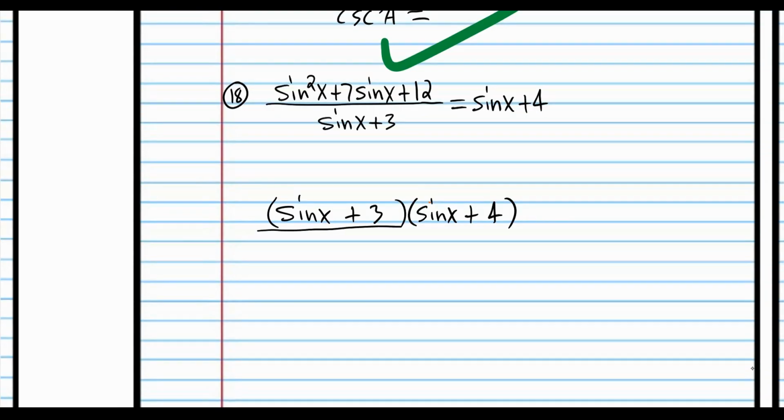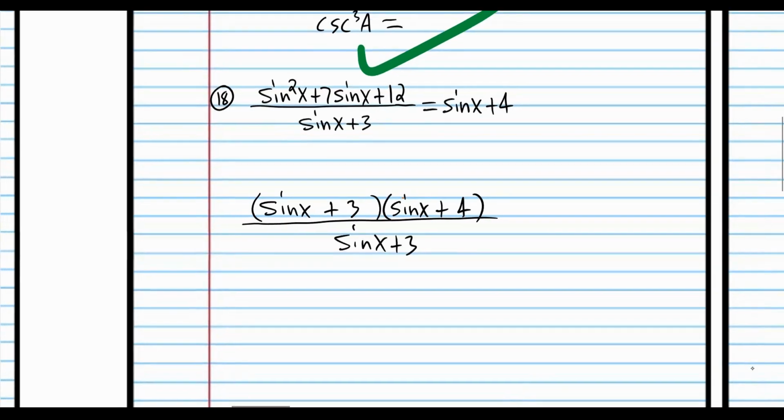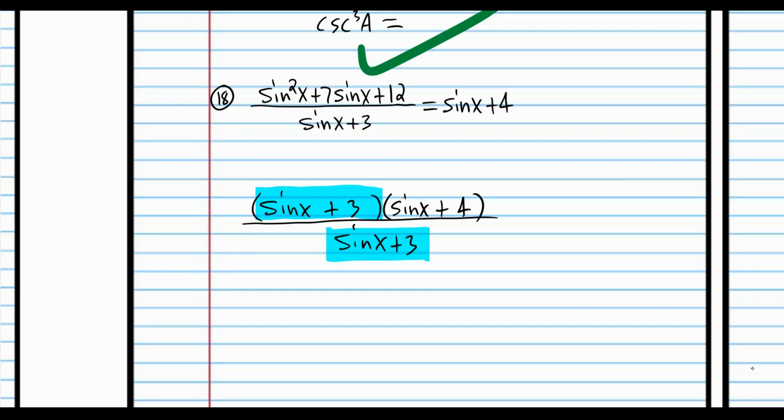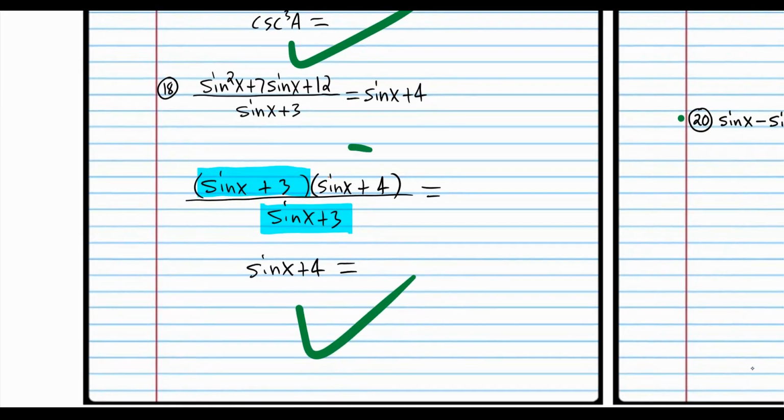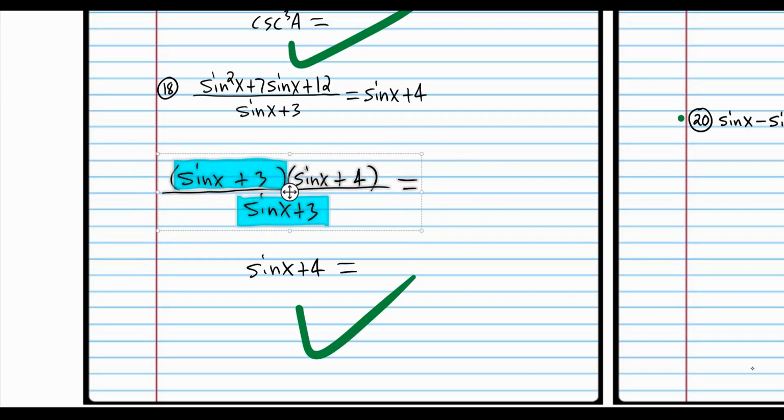So I factored the numerator. And why did I do that? Well, because we see that we have a common factor in the denominator and the numerator, which means that the fraction reduces. That's one way of describing it. And we're left with sine x plus 4, and that's exactly what we're trying to prove, that the left side of the equation is equal to the right side. So there you go.